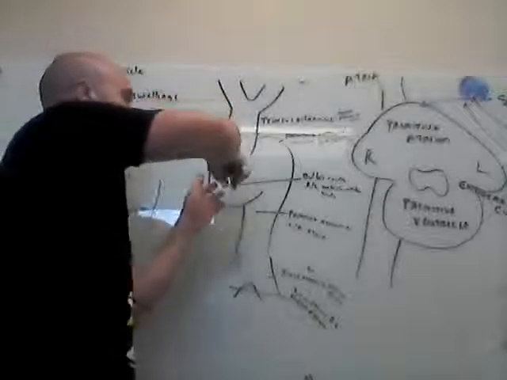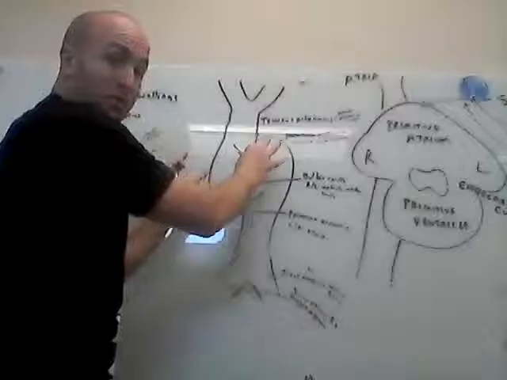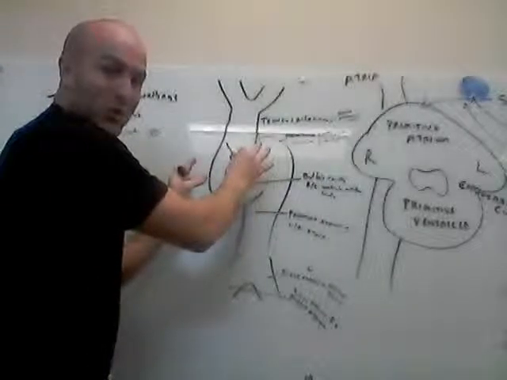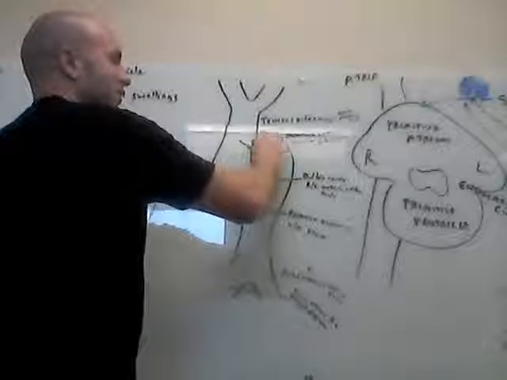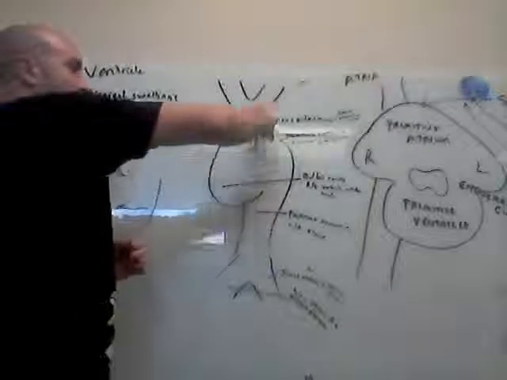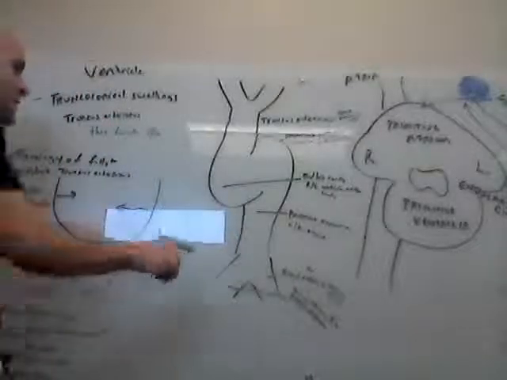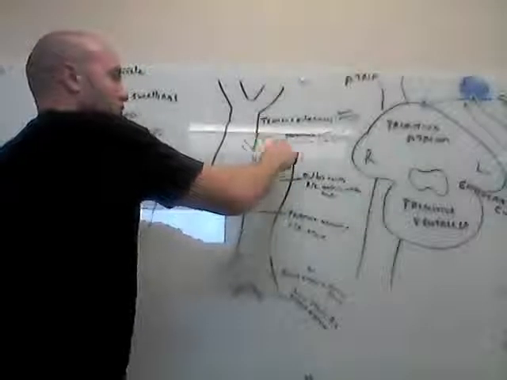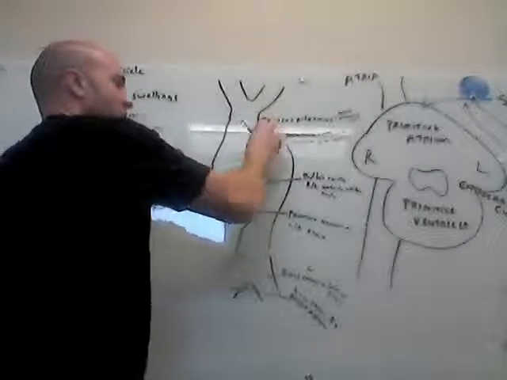And then where does the blood come next? It goes up like this. So what would be right before the outflow tracts for the right and left ventricle? Obviously the right and left ventricle. So this up here, they call this the primitive ventricle. When it folds, this is kind of the top of this little outflow tract here. So this primitive ventricle part here becomes the right and left ventricles.